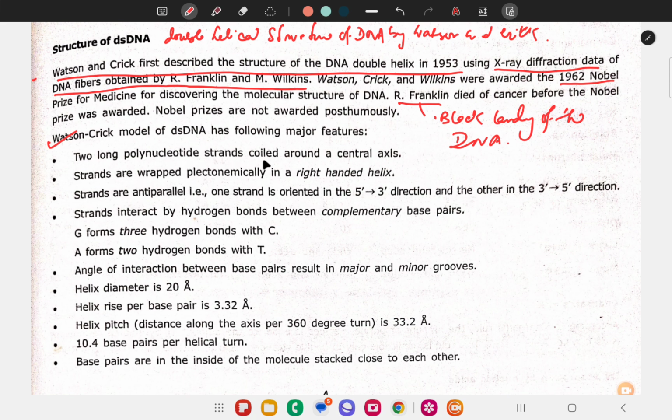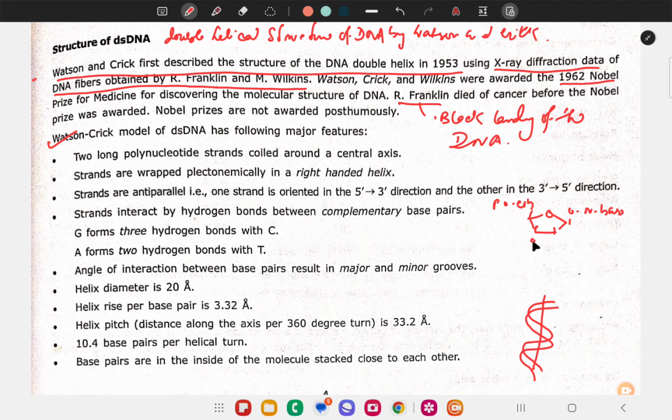These are the characteristic features of the structure of DNA. Number 1, two long polynucleotide strands coiled around a central axis. Suppose this is the central axis and two polynucleotide chains are coiled around the axis. What is a polynucleotide? What is a nucleotide? A nucleotide is a structure that contains a 5-carbon deoxyribose sugar, a nitrogen base, and a phosphate group.